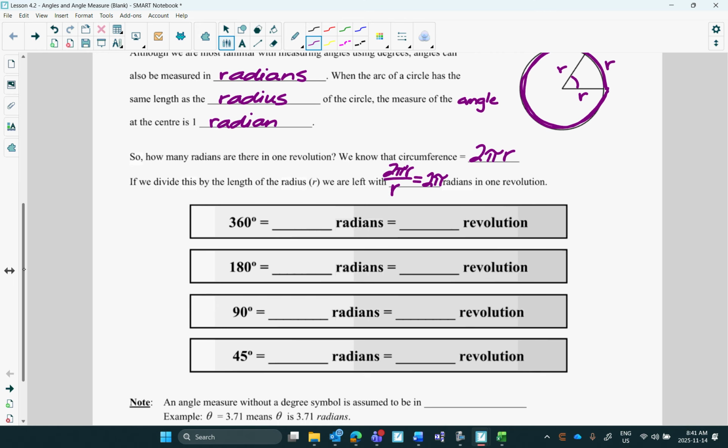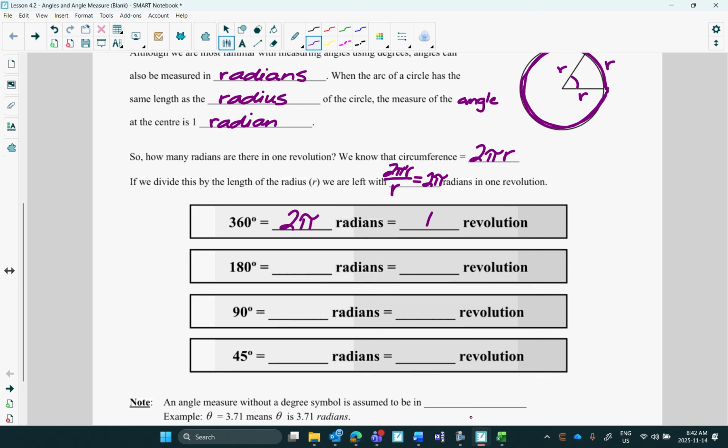So that's the first conversion we've done. 360 degrees is the same as 2 pi radians, or about 6.28, which is 1 revolution of the circle. Okay, so that's your very first conversion. And if you know that, you can get all the other conversions between degrees and radians.